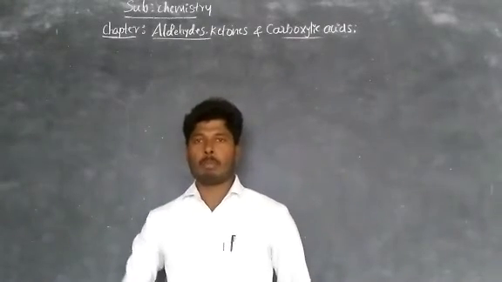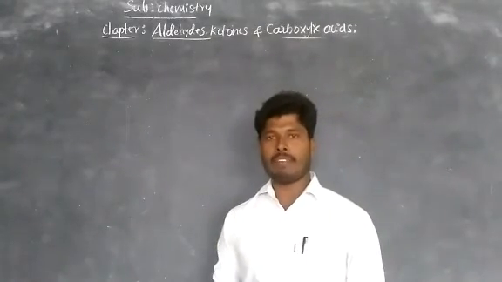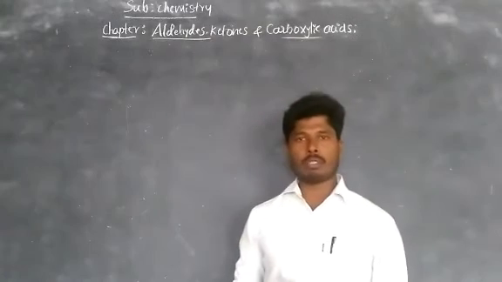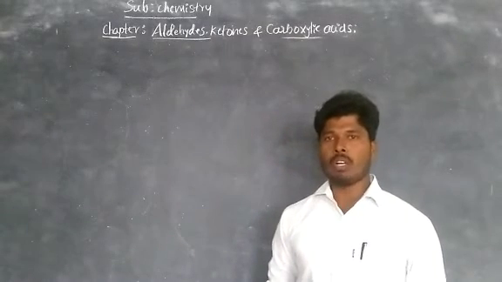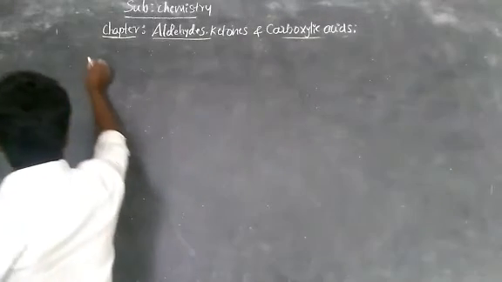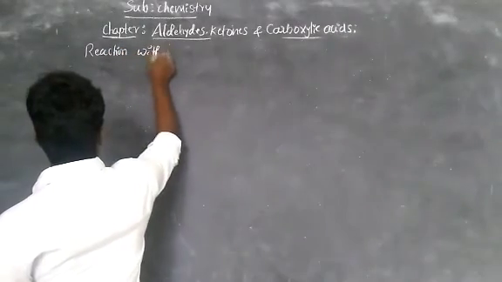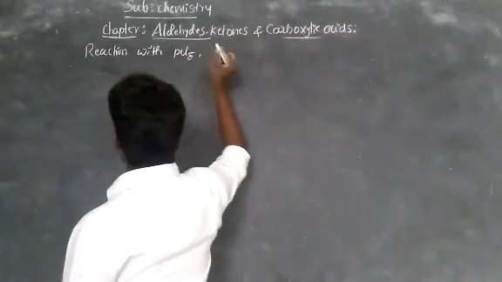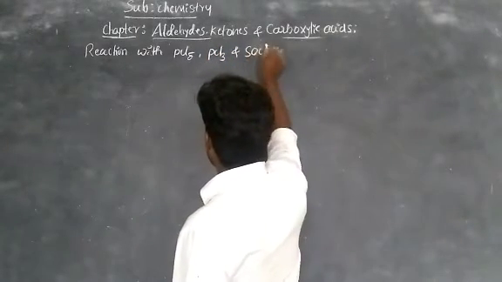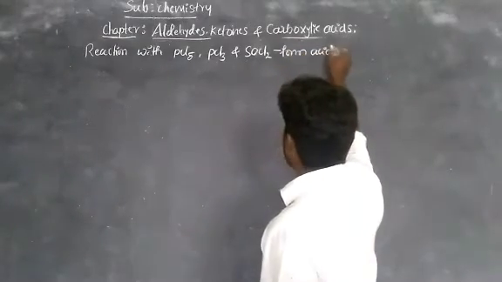Now the third chemical property to cleave C-OH bonds is reaction with PCl5, phosphorus pentachloride, and PCl3, phosphorus trichloride, and also with thionyl chloride, that is SOCl2, to form acid chloride. That is the third chemical property, reaction with PCl5, PCl3 and SOCl2 to form acid chlorides.